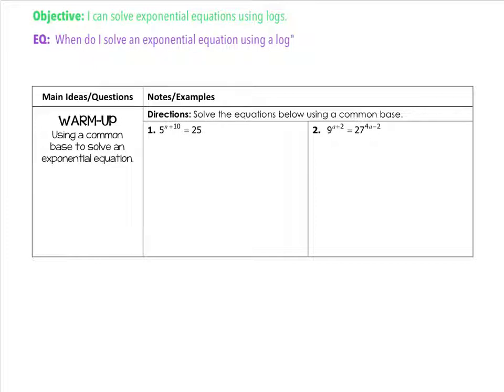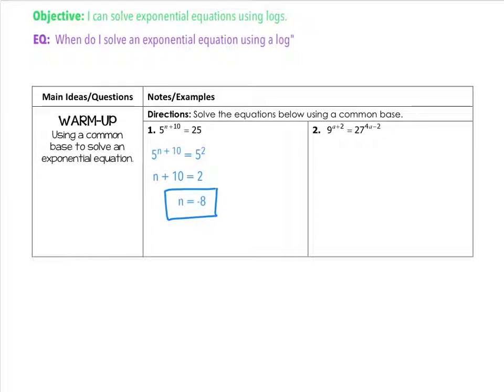So I'm going to rewrite 25 with a base of 5, and that gives me 5 to the n plus 10 equals 5 squared. Now that I have a common base, I can set the exponents equal: n plus 10 equals 2, and I solve for n and get n equals negative 8. Now remember, my variable can be negative, but my log can never be negative.